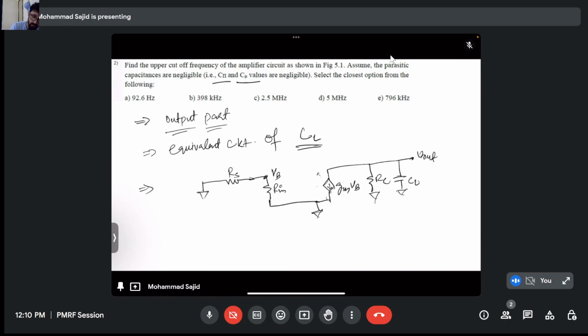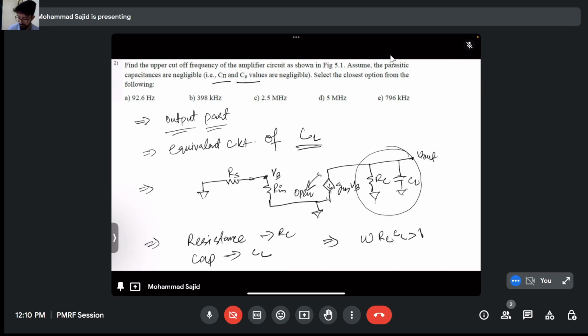It will be open, so we only have this part. My resistance is RC and my capacitance is CL. So I can directly write omega RC CL is greater than 1.